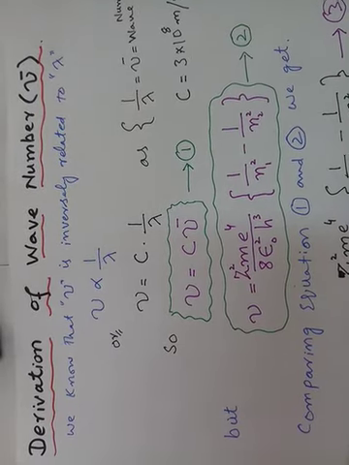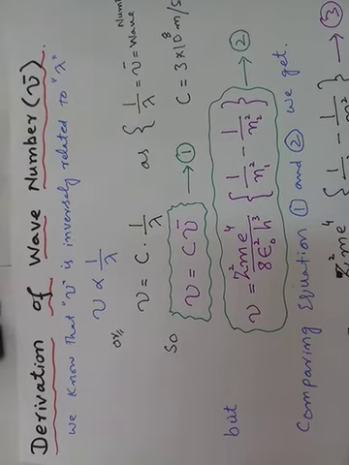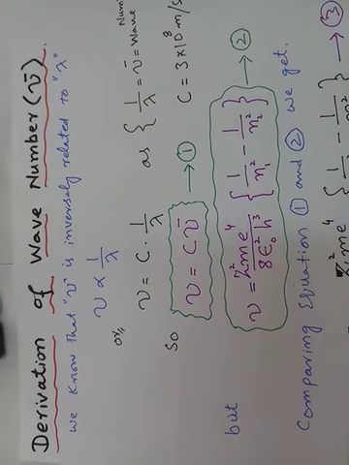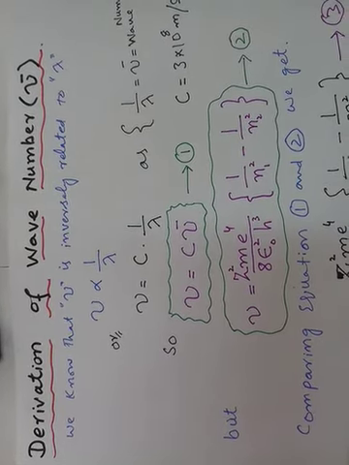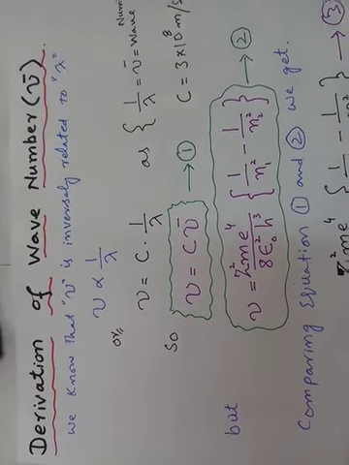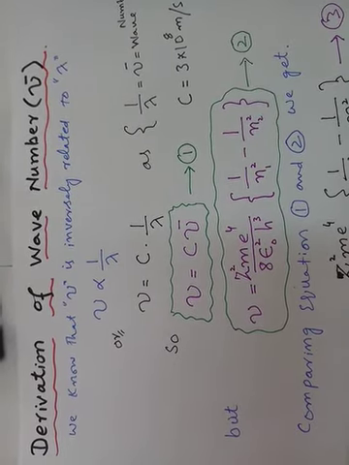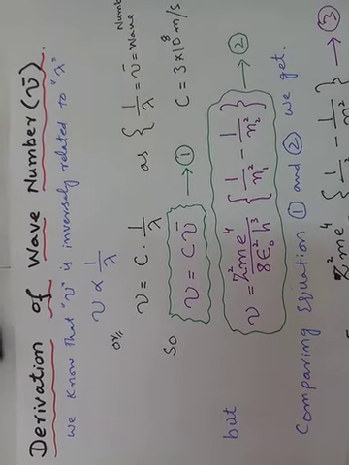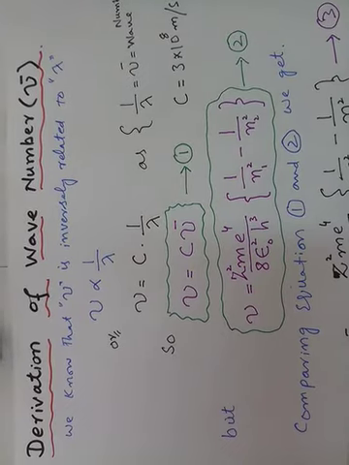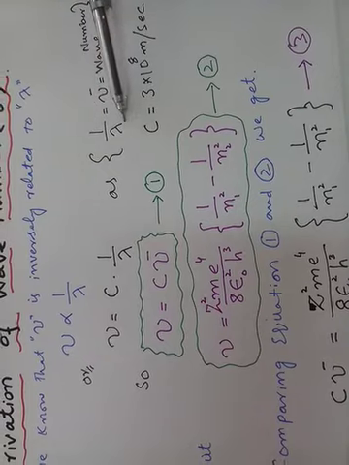The wave number is directly proportional to the frequency. If the frequency or energy is greater, the wave number will be greater. It can also be defined as the inverse of the wavelength. So the wave number is the inverse of the wavelength.